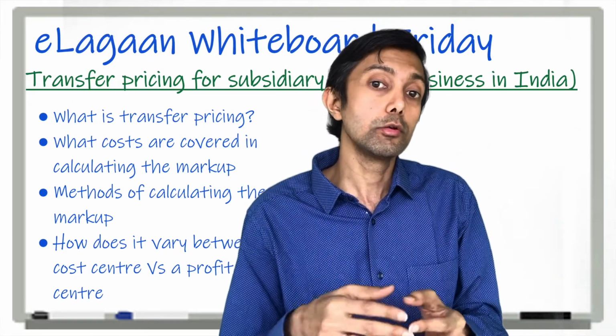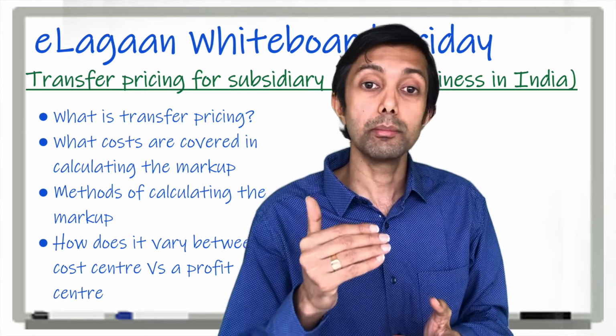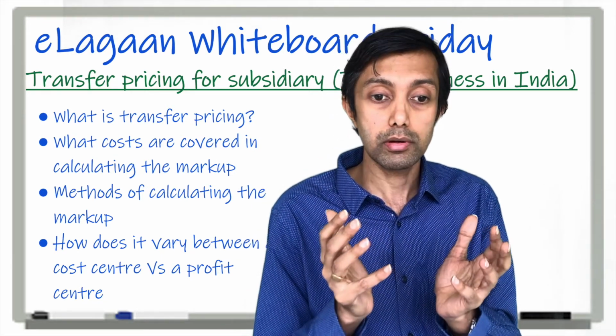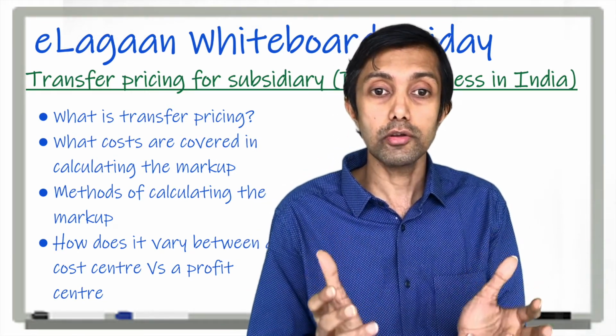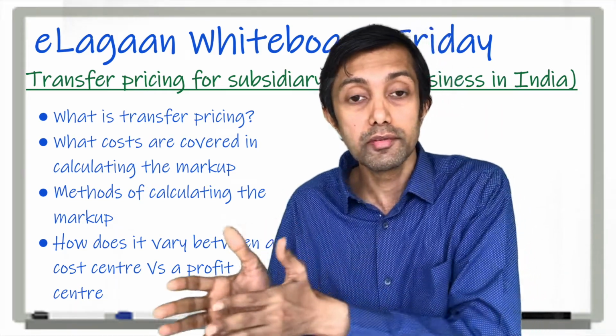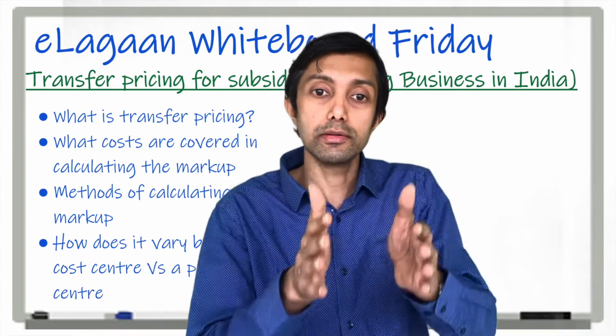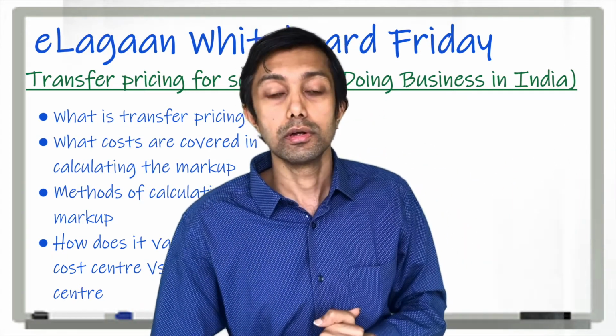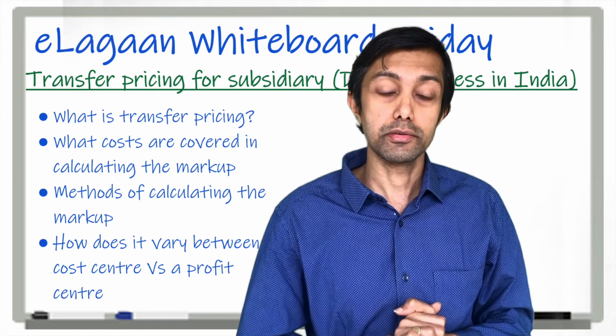In this context, you will of course appreciate that the company will have to have proper records of costs. They have to be able to bifurcate the costs related to servicing the third party customers and the costs related to servicing your related party entities.